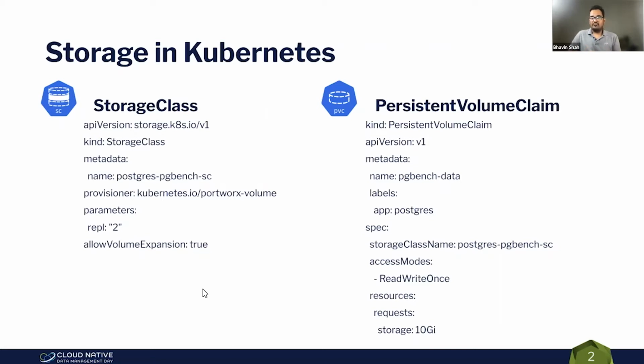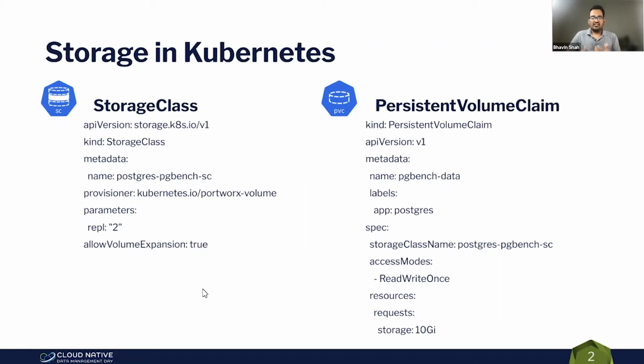So here we can specify things like the storage class name, which is Postgres pgbench SC. You can specify the access mode. So again, ReadWriteOnce. If you only want one node to have access to the persistent volume, you can have ReadWriteMany. You can have ReadWriteOncePod as well, which is the new access mode that was introduced in Kubernetes 1.22. And you can specify the size of the persistent volume claim.